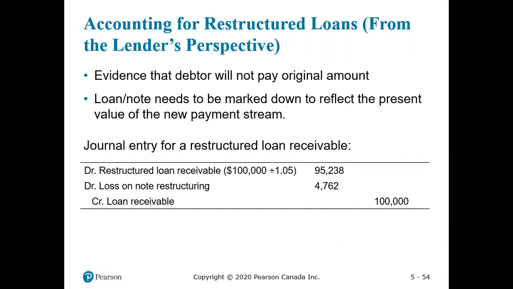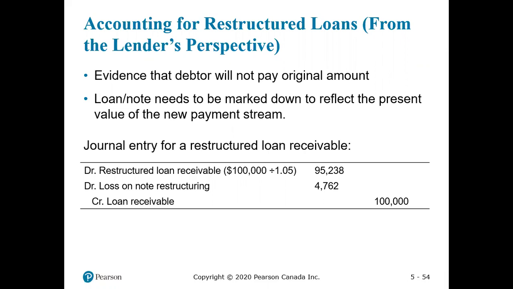So the next concept is accounting for restructured loans from the perspective of the lender. This is when there's evidence that the debtor will not pay the original amount. So the loan or note needs to be marked down to reflect the present value of the new payment stream. On page 225, it gives you some background information related to this journal entry.